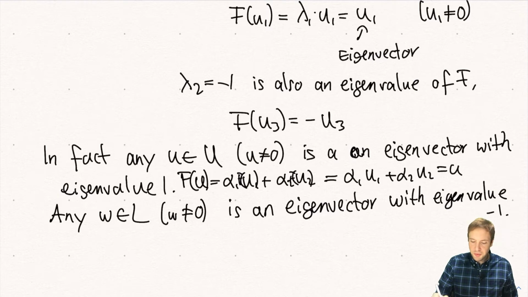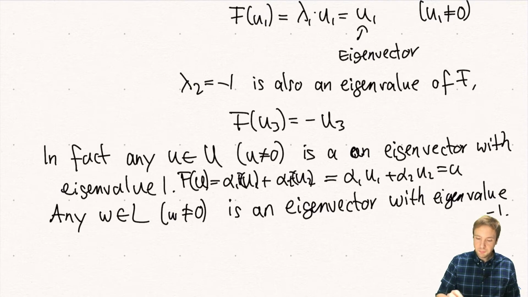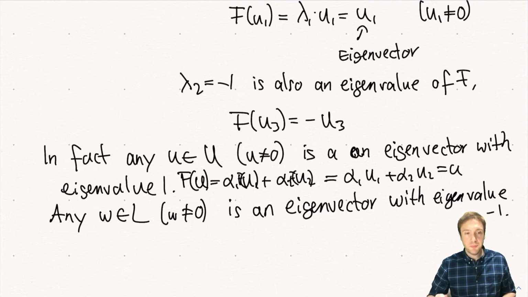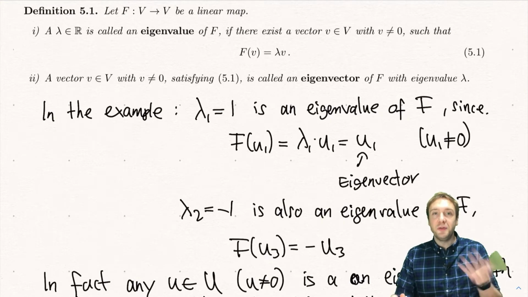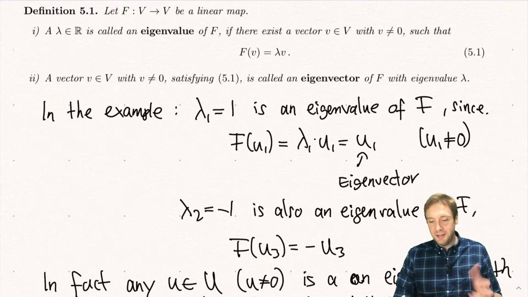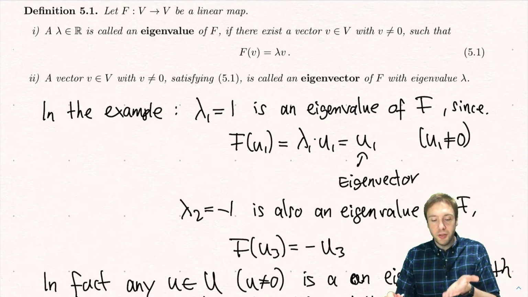So this is just u. So you see that any linear combination of eigenvectors to the same eigenvalue will also give an eigenvector to this eigenvalue, if it's non-zero. Okay, but in this example, I gave you the eigenvectors, and you then could check that they are eigenvectors to these eigenvalues 1 and -1.